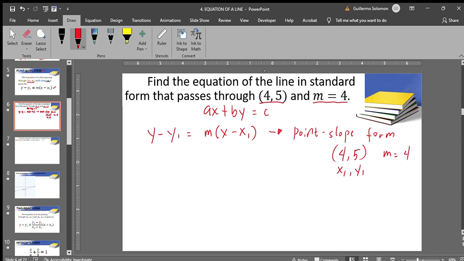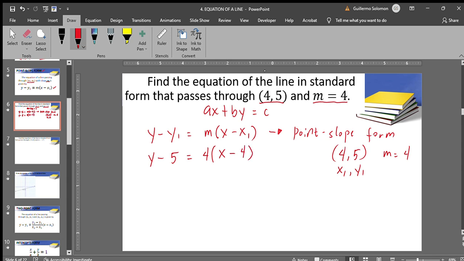Okay, so let us rewrite y minus our y sub 1 is 5, equals. Our slope here is 4. Okay, and then open parenthesis, write x, and then substitute x sub 1, minus 4, and then close it. Ayan.